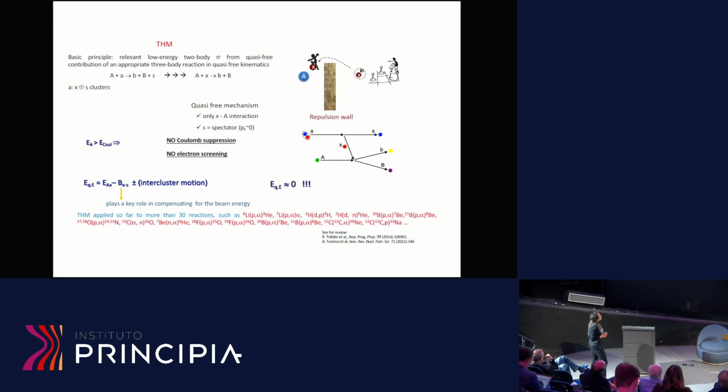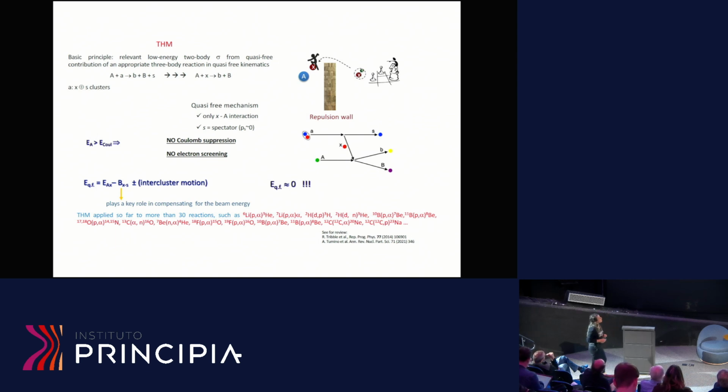You have to consider that only this X particle will interact with capital A, leaving the other as a spectator. A spectator means essentially that S will fly away with the same momentum it had inside the Trojan horse nucleus, inside the small a.